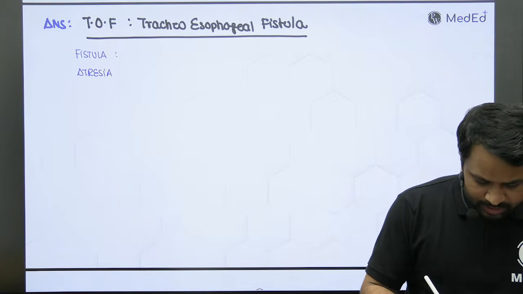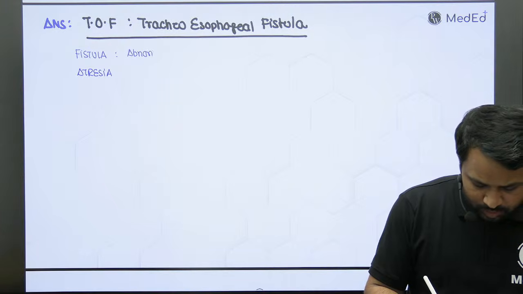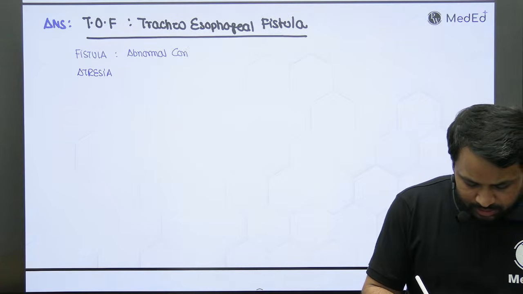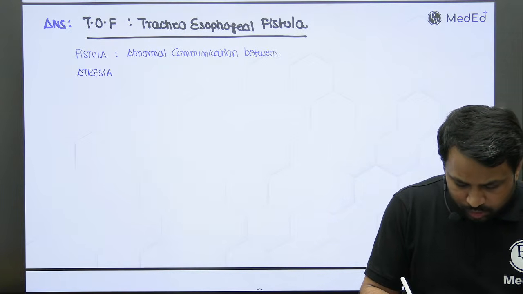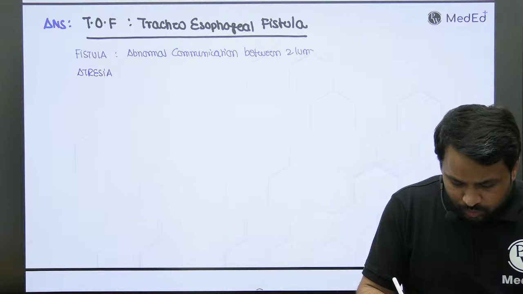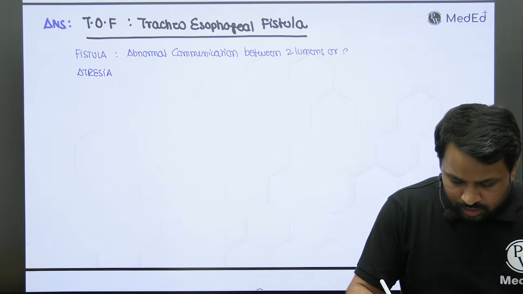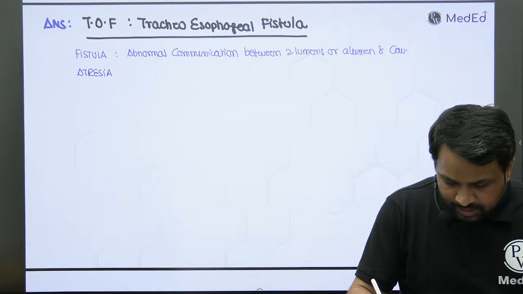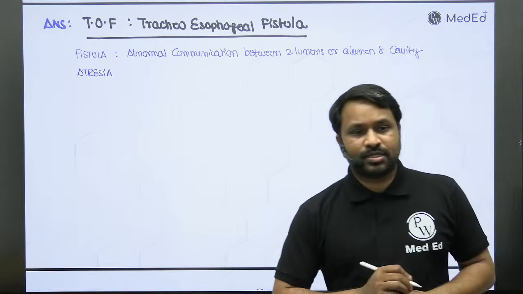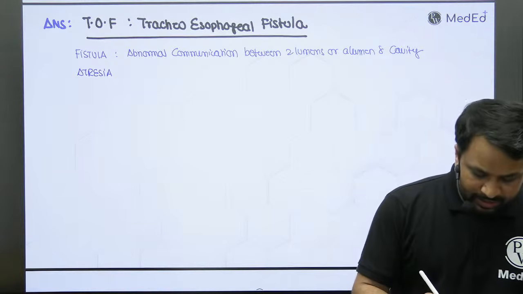Now, fistula is defined as an abnormal communication between two lumens, or a lumen and a cavity. Now what is an atresia?